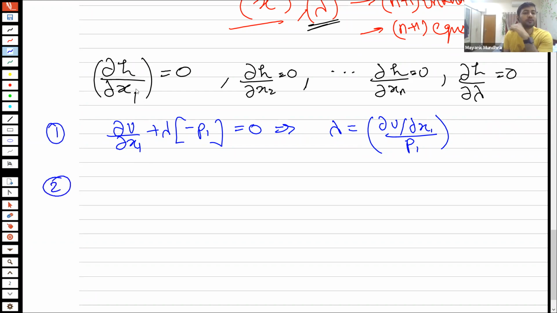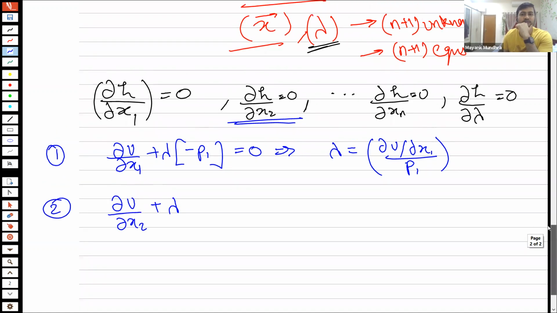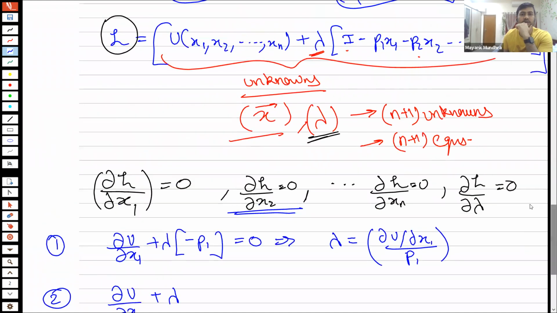Now the next equation is when I differentiate with respect to x2. So del u by del x2 plus lambda times, okay, where's the equation? Yeah, when I differentiate this with respect to x2, I get del u by del x2. Now in this right-hand side, lambda is multiplied, so it remains as it is, and this is the only part of the function where x2 is present.